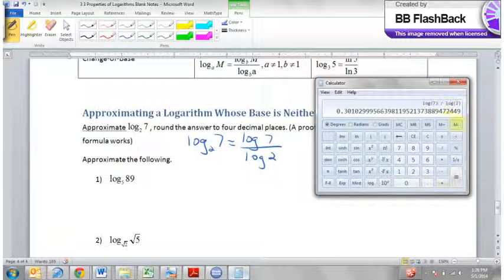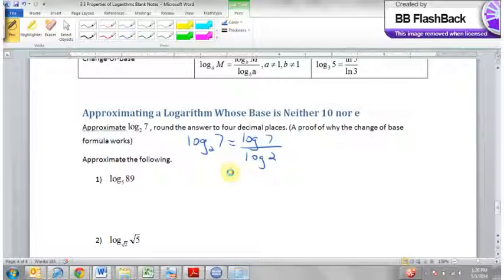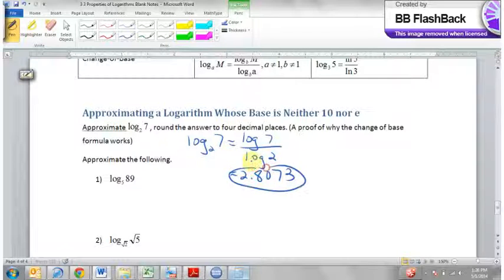And see, it says log of 7 over log of 2 equals 2.8073. So we have just found this. So if you're asked for this, this is not something you can easily put in your calculator, so you're going to have to do this.